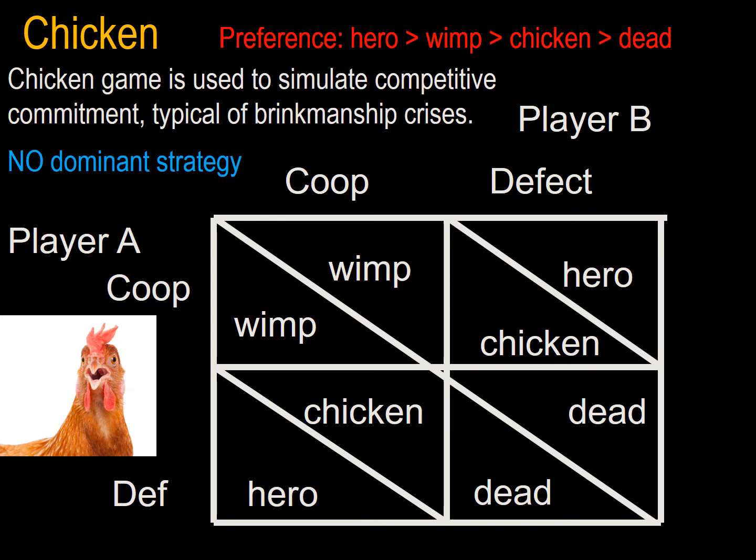So the preference ordering is hero first, where you drive the car down in the center of the road regardless, then wimp, then chicken, and the worst possible outcome is death, where two cars drive into each other in the middle of the road. In order to be a hero, you must risk death.